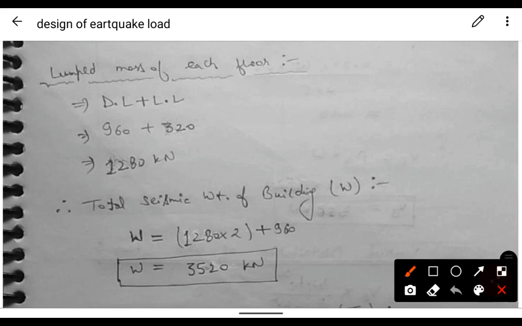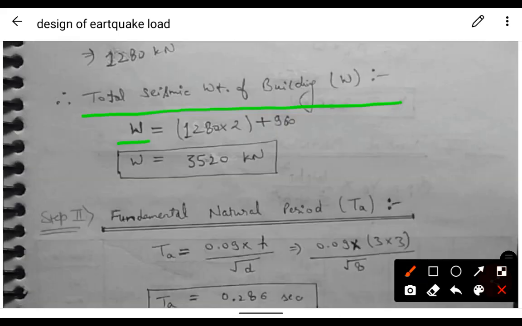The dead load we have calculated is 960 kilonewton, and the live load on each floor, calculated by taking 50% of the live load, would be 320 kilonewton. After summing the dead load and live load of each floor, we get the value 1280 kilonewton. So we have already calculated that.